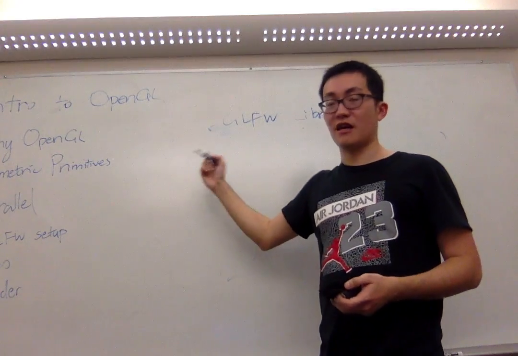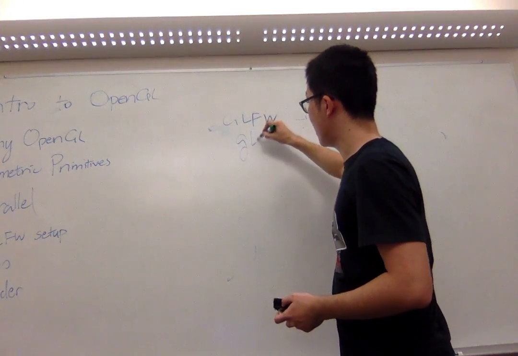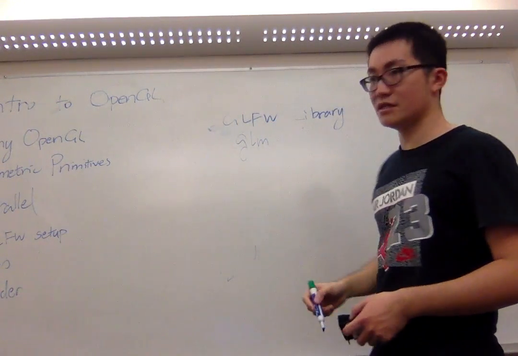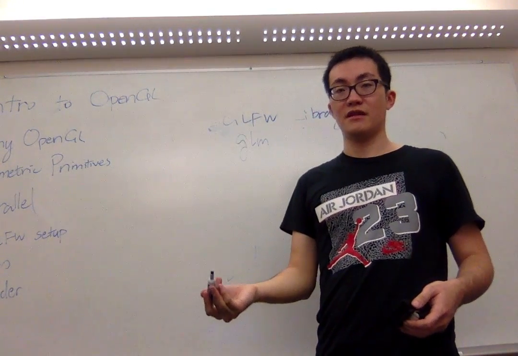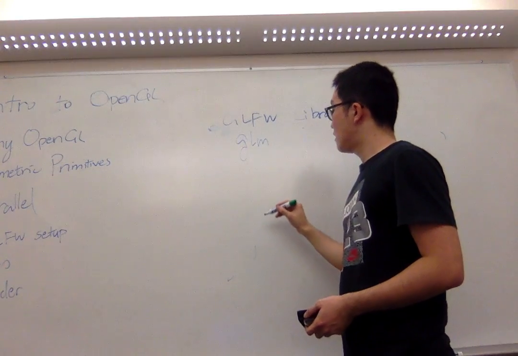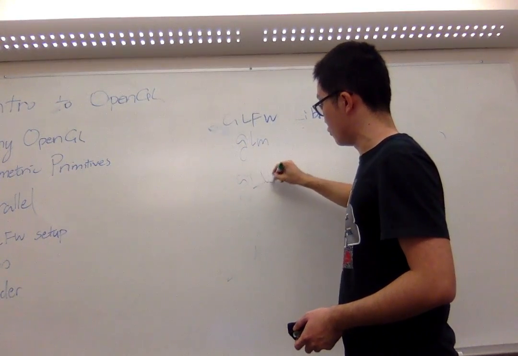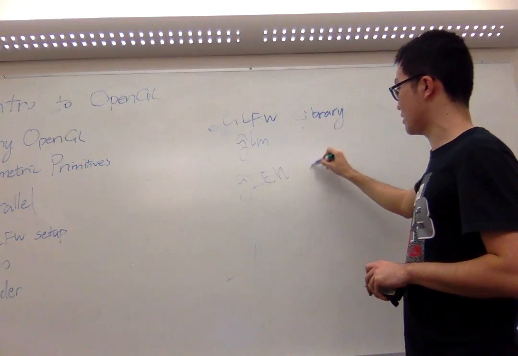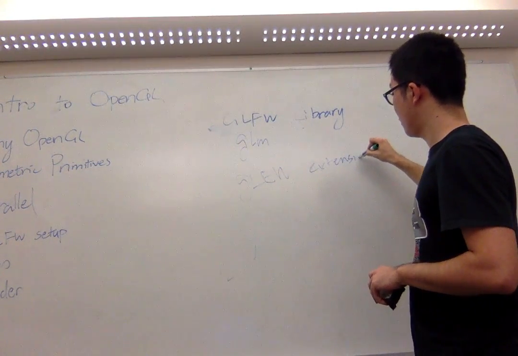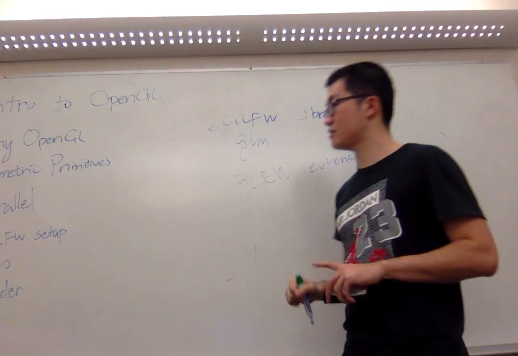You have to download it and compile it. And we will use GLM, which is another library for mathematical calculation. And we will have GLEW, which is the extension for OpenGL functions.